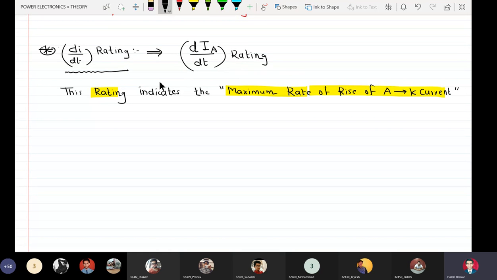Okay, so why is this rating important? It's important because of these reasons.